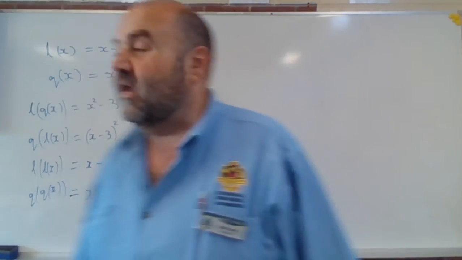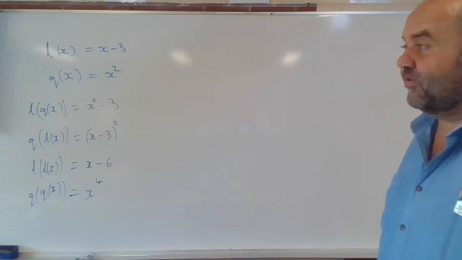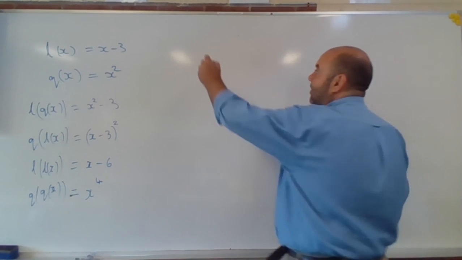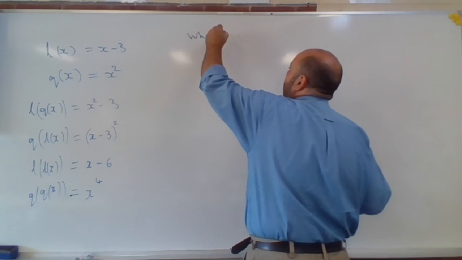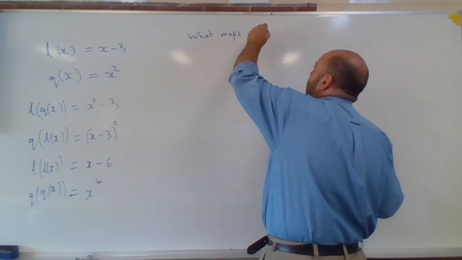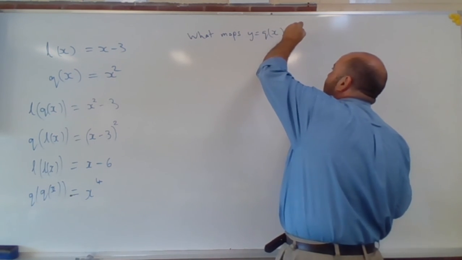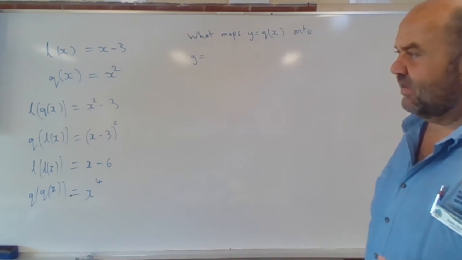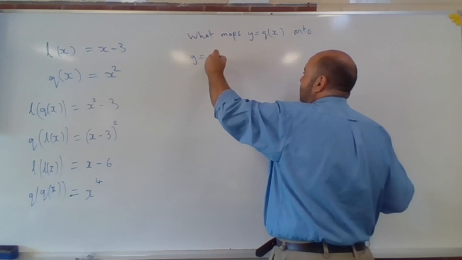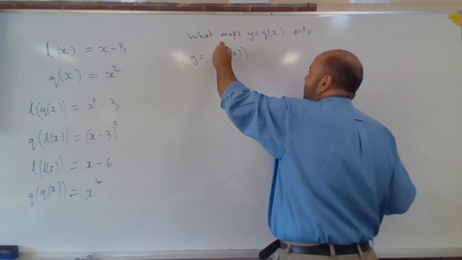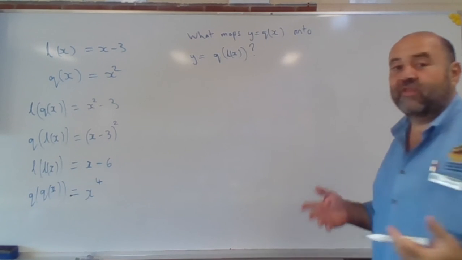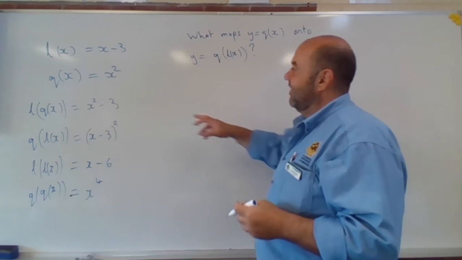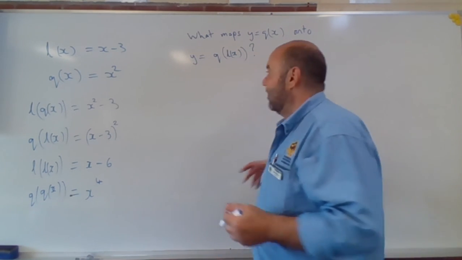Part D asks us what transformation maps the graph of y equals q of x onto y equals q of L of x. Well, let's have a look at those two graphs and see if we can work out what transformation takes place. Y equals q of x is just a normal parabola that sits on the origin.